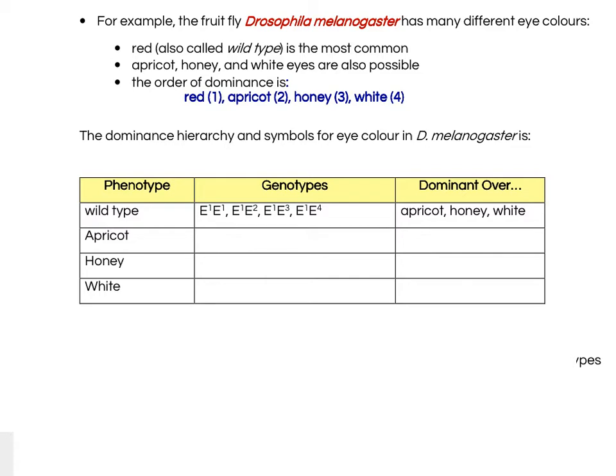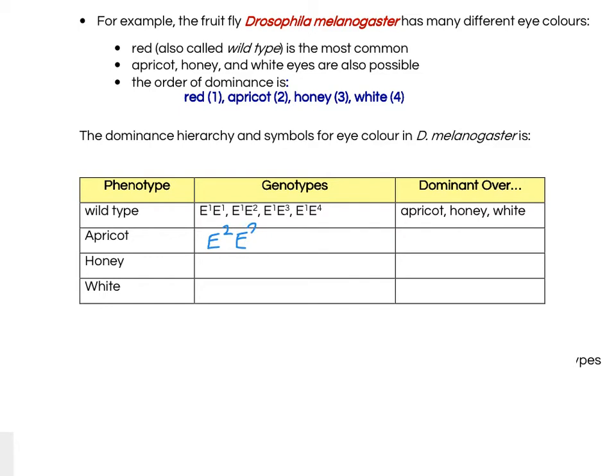So when I talk about apricot eyes and I want to identify the genotypes that are possible, I know that I can't have an E1 there because the E1 would make the eye color red. So I know the possible genotypes for an apricot-eyed fruit fly would be E2 and then some other number.